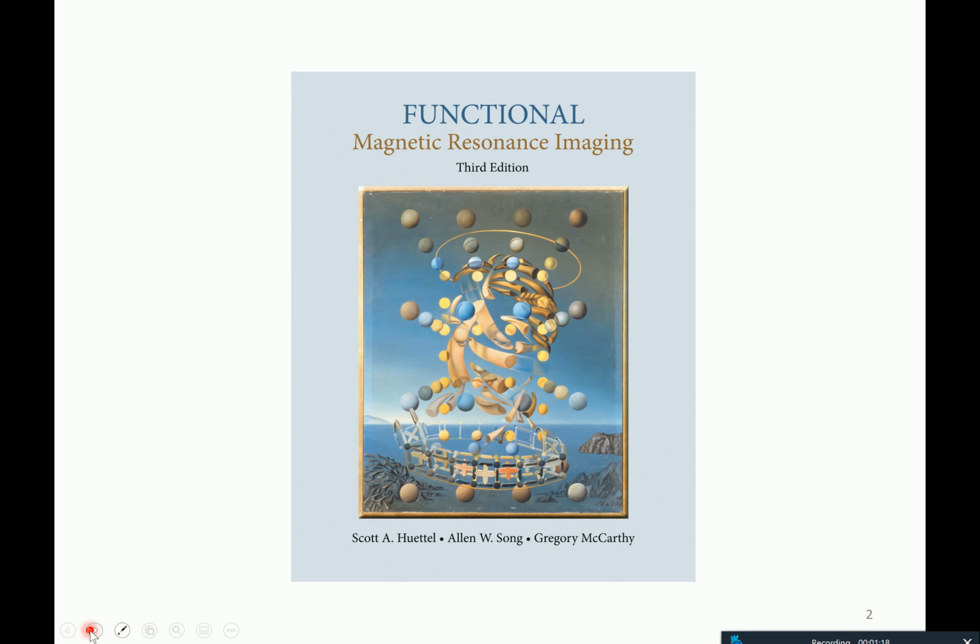physics and the formation of images, which you mainly need in terms of theoretical background knowledge, but also covering the biology and some cognitive aspects in terms of experimental design, and also covering data analyses for fMRI data at a level that serves as an introduction.